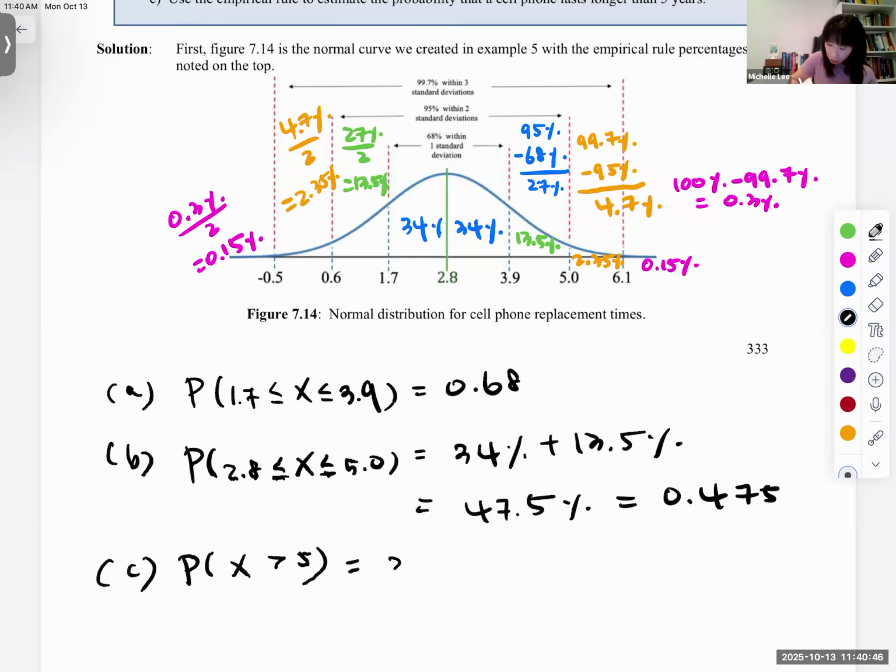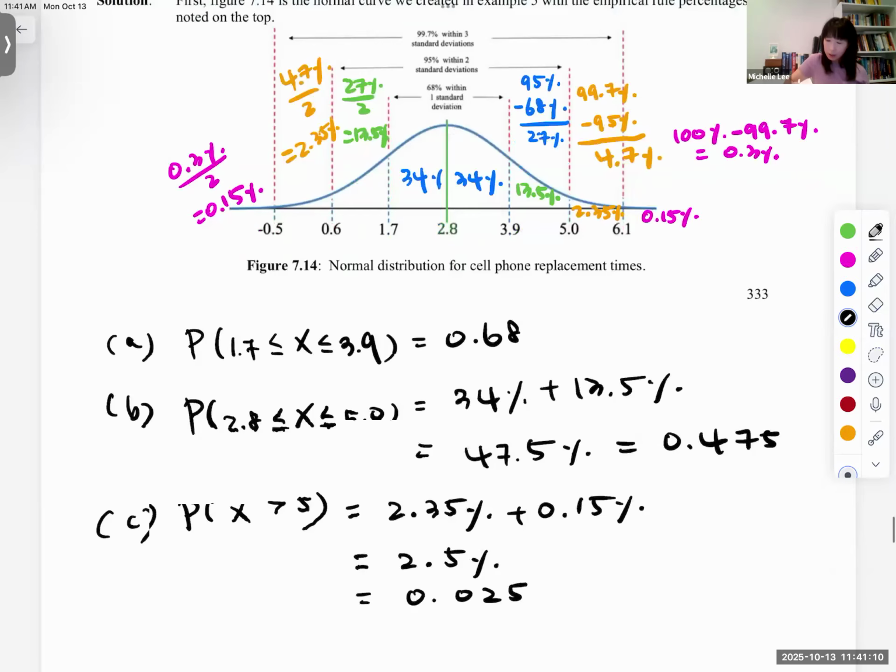That will be 2.35% plus 0.15%, right? That's 2.5%, isn't it? So that will be 2.5%. Move the decimal 1, 2. So that will be 0.025, right?